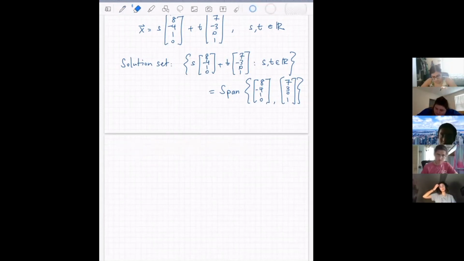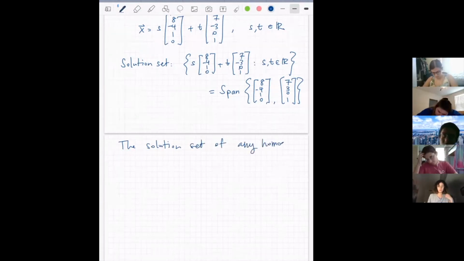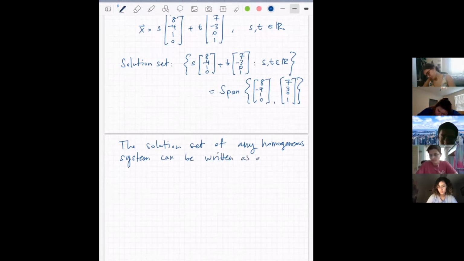The solution set of any homogeneous system can be written as a span of vectors.